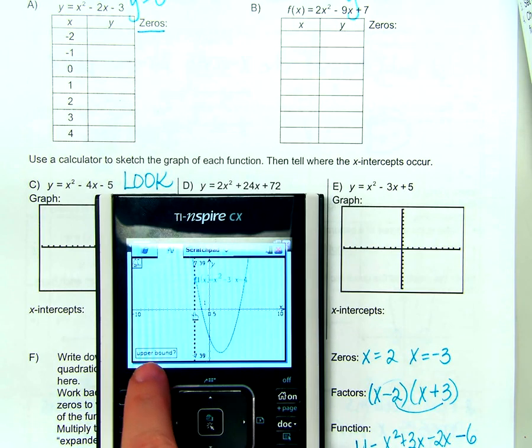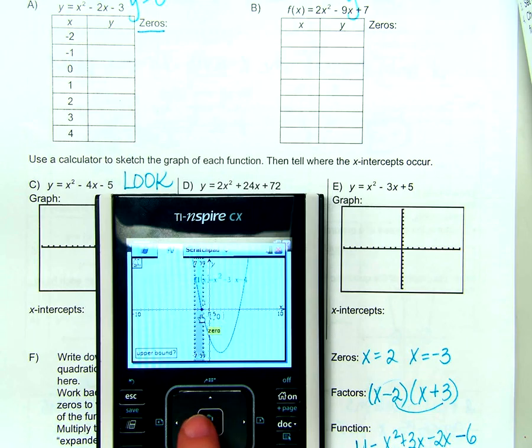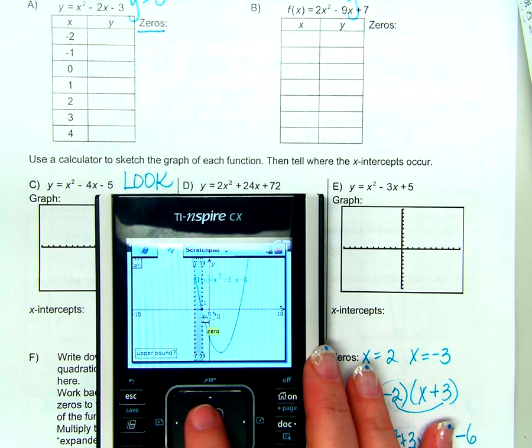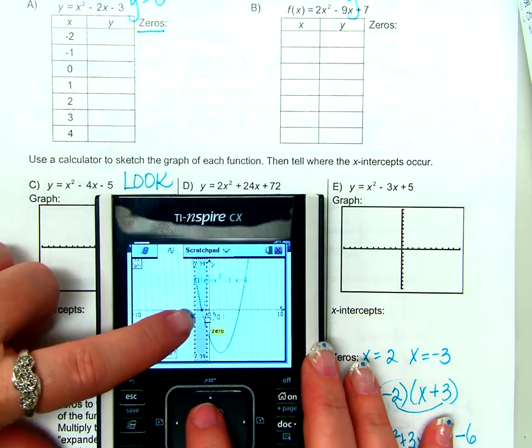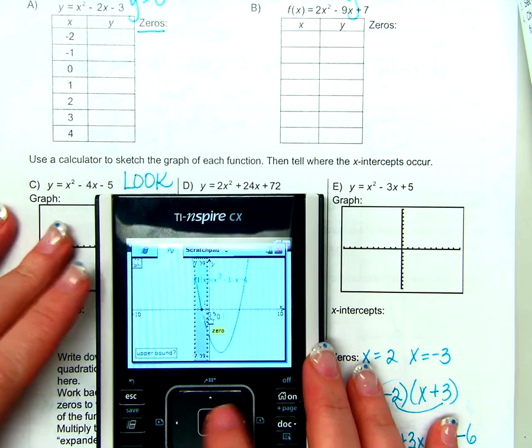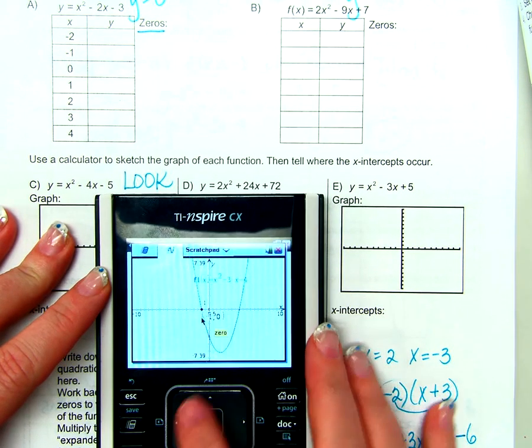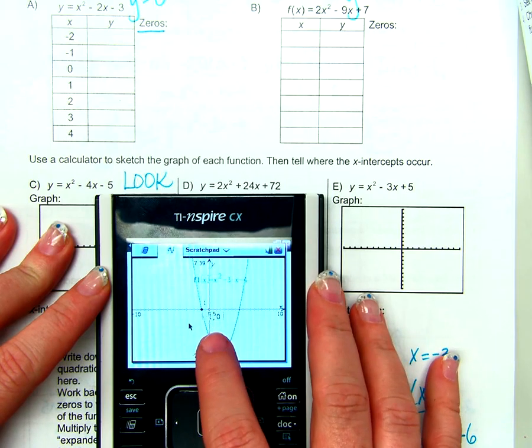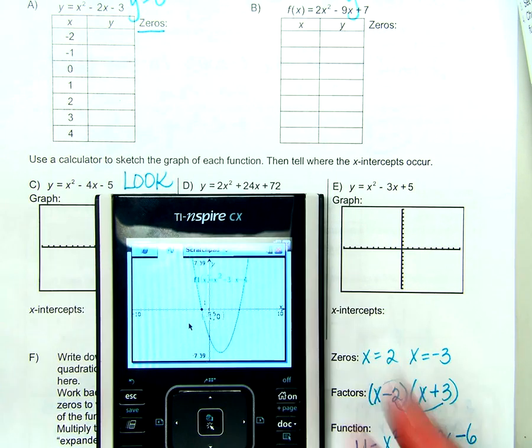And then it says upper bound, so I move it to the right-hand side. Whoa, did you see that? Watch what happens when I move it to the right-hand side. Did you see that point pop up right there? And when I click it, what shows up? It says -1, 0. It tells you exactly where the intercept is.